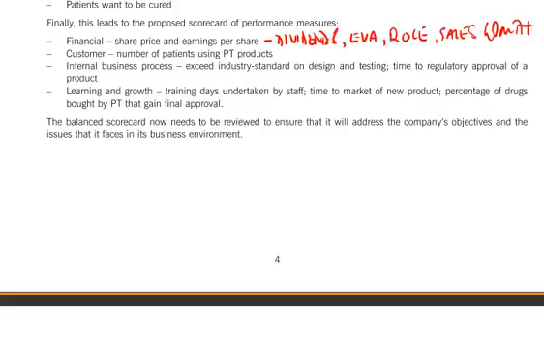Customers, number of patients using PT products. Okay, if a large number of patients use PT products, then presumably those patients might be satisfied with the drugs, but do the patients actually choose the drugs here? There's a little bit of a question about who are the customers. Is it the doctors?